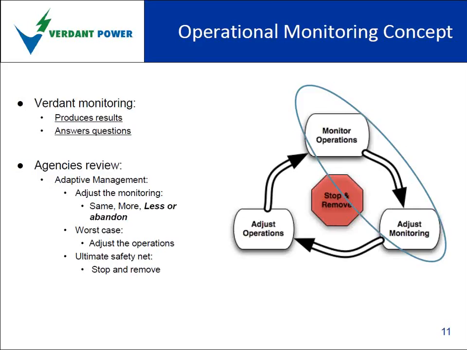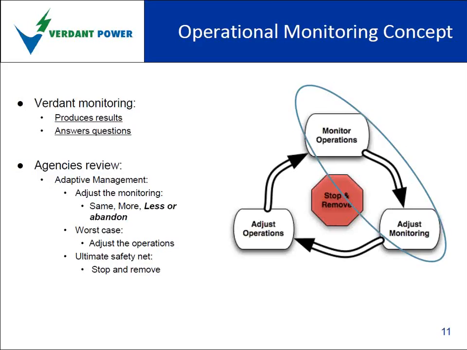We'll be working in that quadrant with the agencies, as we've done throughout the demonstration process, with the understanding, of course, that if we start to see true effects as we incrementally add more and more machines, our next step would be to monitor, adjust our operations, and ultimately the safety net provided for in the FERC pilot license would be a stop and remove order.